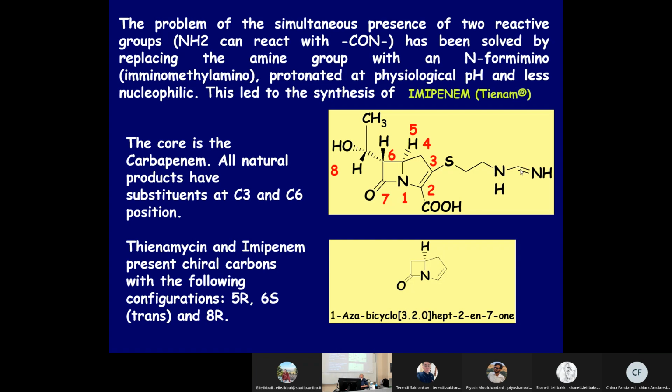You see the Schiff base, the double bond, the amino bond here. So the scientists tried to decrease the basicity of the amino group by introducing formic aldehyde in the structure. Imipenem is a very potent antibiotic, and imipenem is very stable.